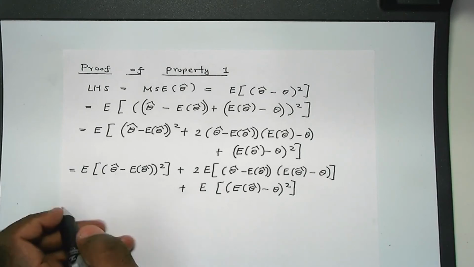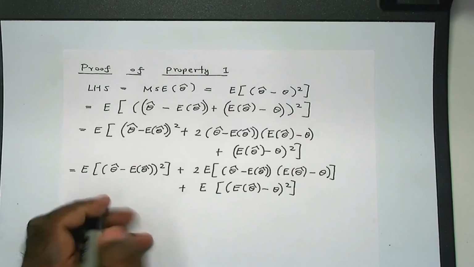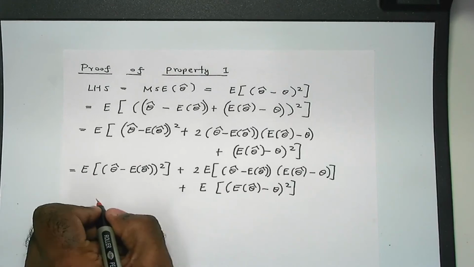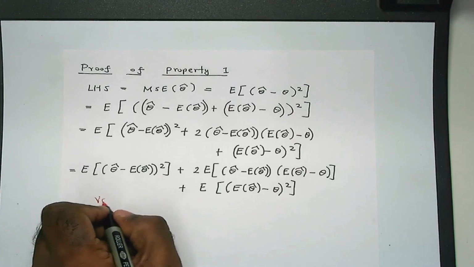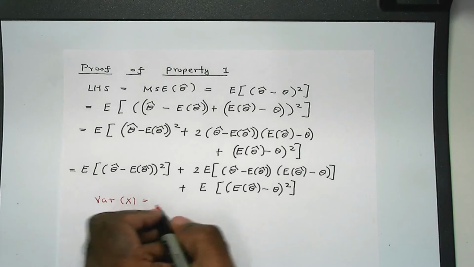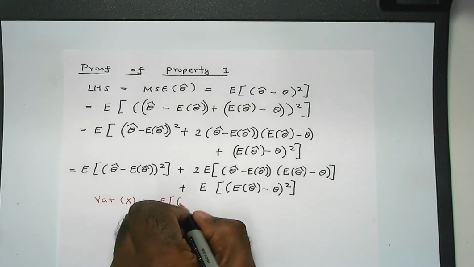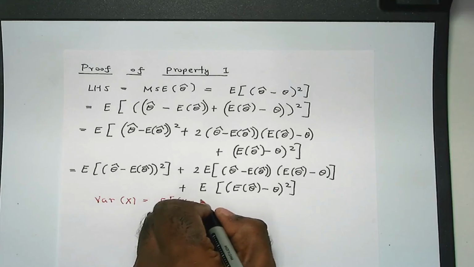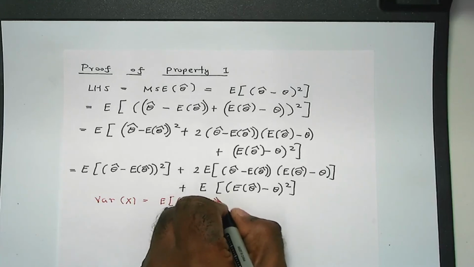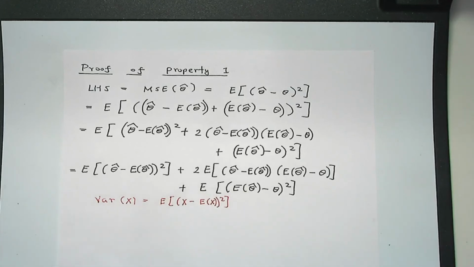That's because, let me write it down. You may recall that the variance of a random variable x is defined as the expectation of (x minus the expectation of x) squared. This is the formal definition of a variance.